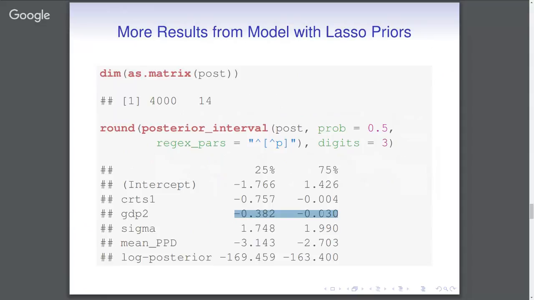Conversely, there's a 0.25 probability that it's less than negative 3.82, and a 0.25 probability that it's greater than negative 0.03. All true statements, but these are actually statements about what I believe, intervals that I believe the true parameter falls in with a specified probability.